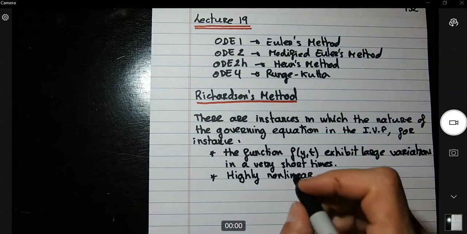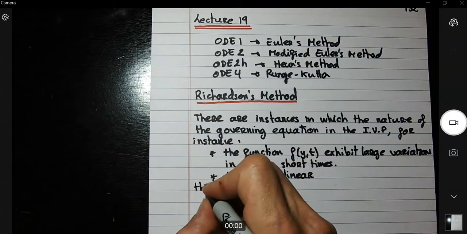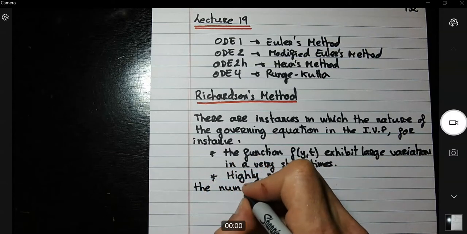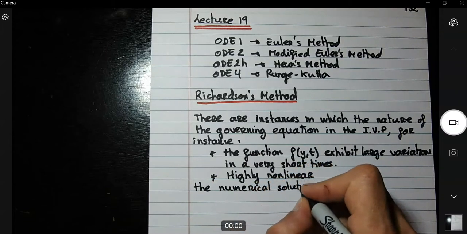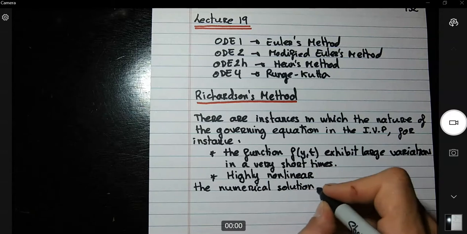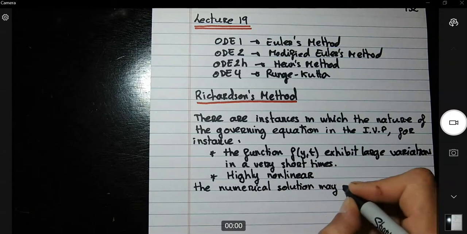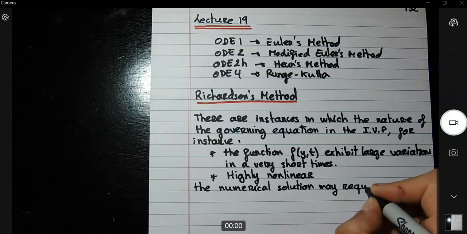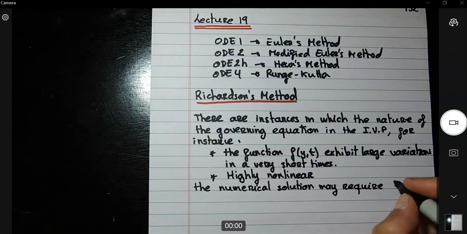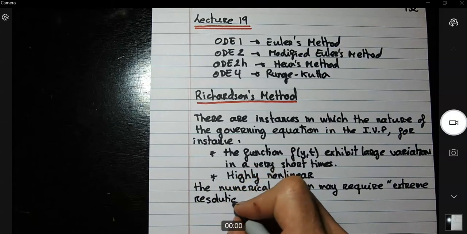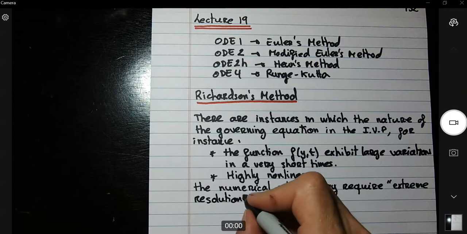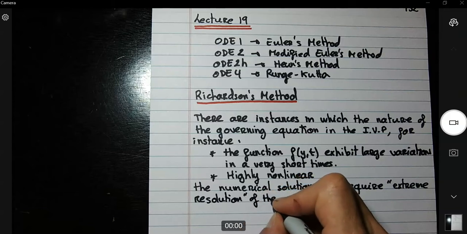So in these instances, the numerical solution may require extreme resolution of the time step.